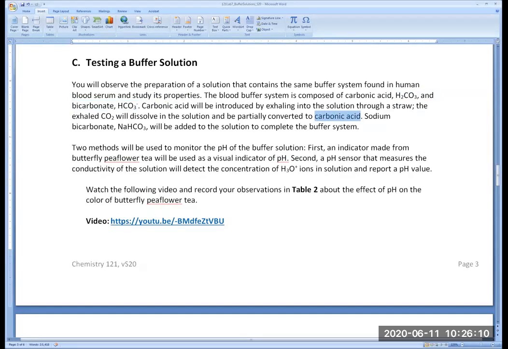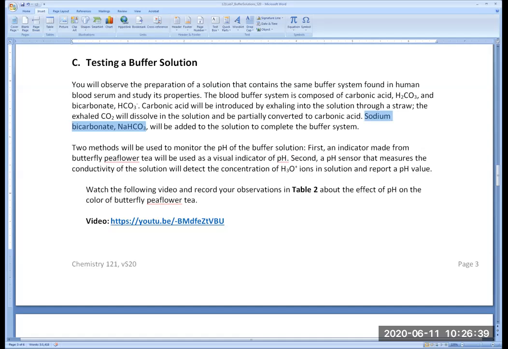And then the bicarbonate will be added as a salt. Sodium bicarbonate is the salt of sodium and bicarbonate bonded together. It's an ionic compound. This will be added to the solution. If you don't know yet, sodium bicarbonate is baking soda, right? Baking soda is sodium bicarbonate.